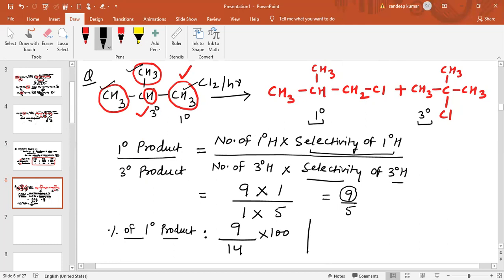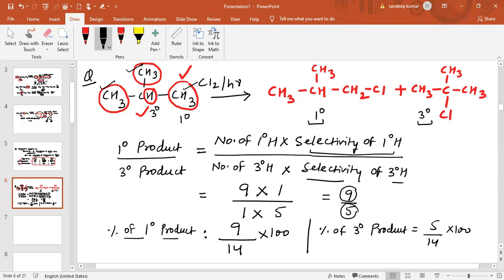And if you want to know the percentage of 3 degree product, how do you find it? See, how much is the 3 degree product? That is 5, and the total product is basically 14. So we multiply by 100.